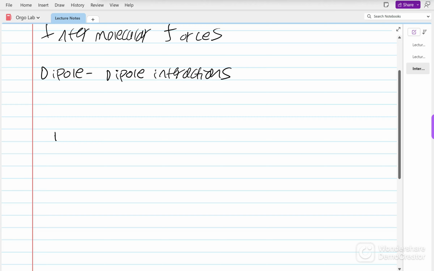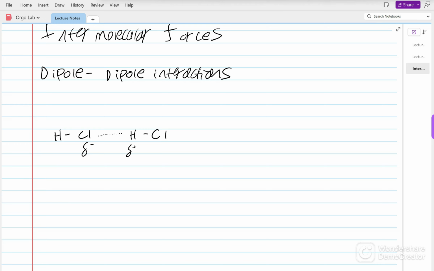So it looks something like this, with slightly positive charge on the hydrogen and that slightly negative chlorine, taking over those electrons, wanting to hoard them. And basically, this interaction right here is called a dipole-dipole interaction.